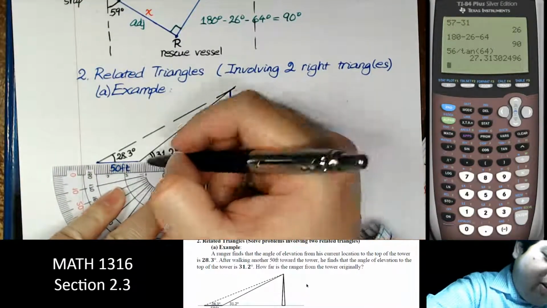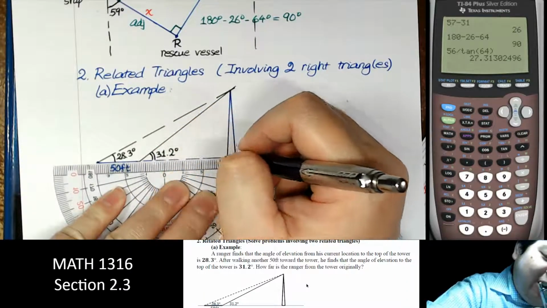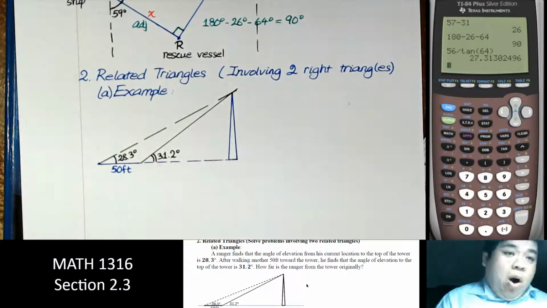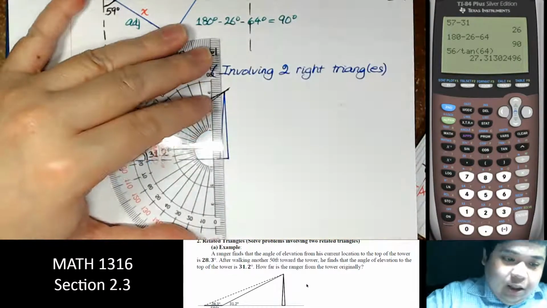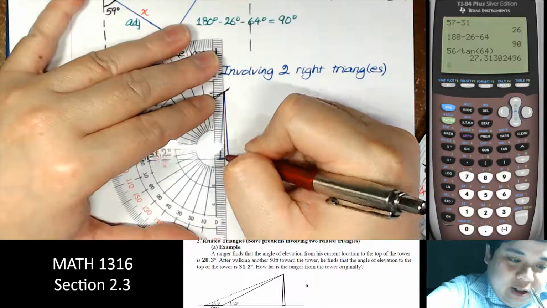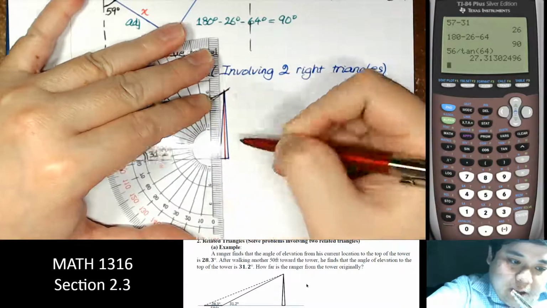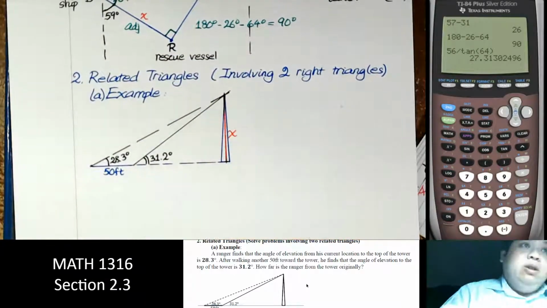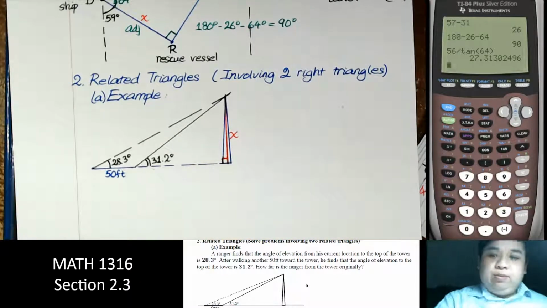And the question is, how high is the tower? So we're trying to find the height of the tower. Assume that it is 90 degrees from the ground.